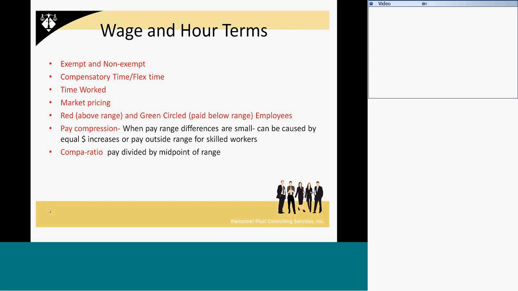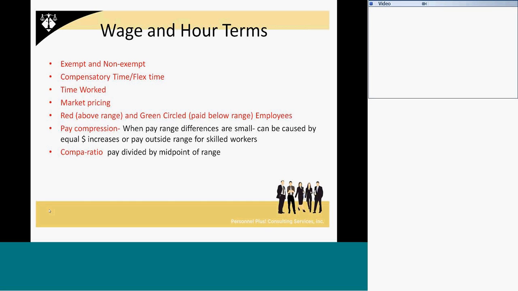The term market pricing as a compensation term refers to the relationship between the pay that you pay people and what the competitors that you compete with in the relevant labor force pay people. So market pricing is the practice of paying your employees what the Joneses pay other people who do similar work in the same labor market.